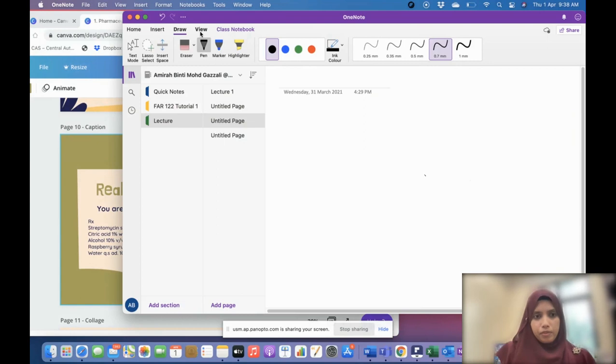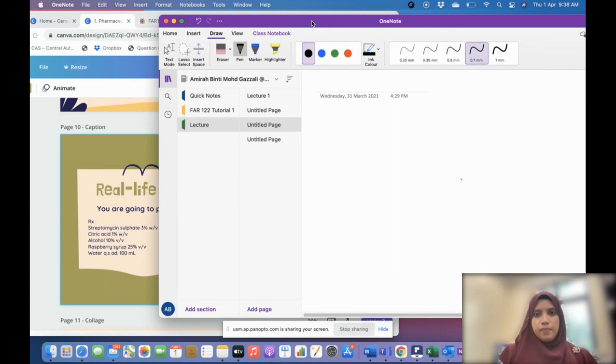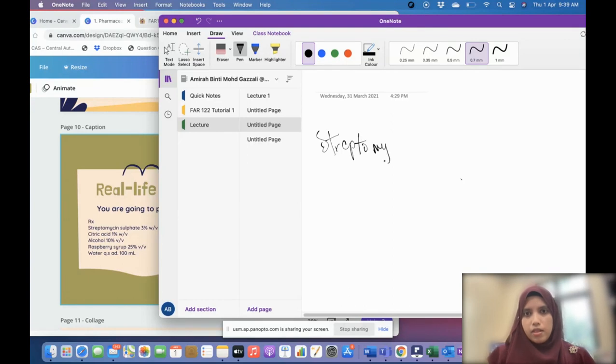Okay, here you should see that streptomycin sulfate needed is 3%. 3% weight over volume means that in each 100 ml of preparation, there should be 3 grams of streptomycin.